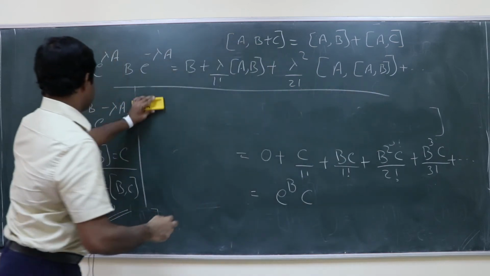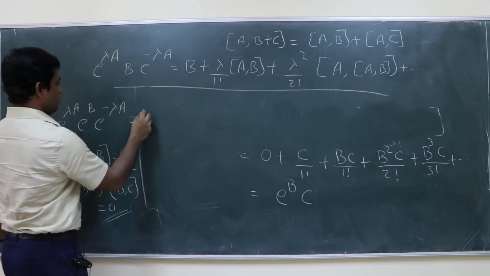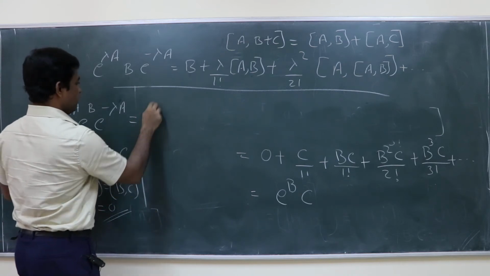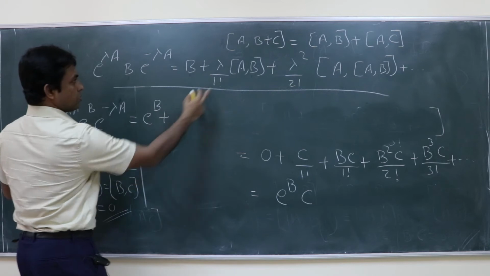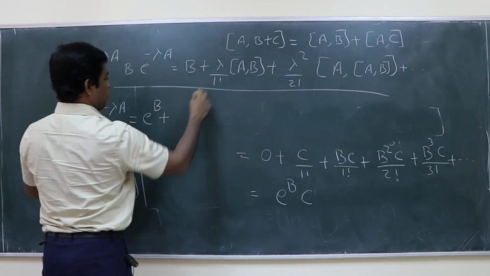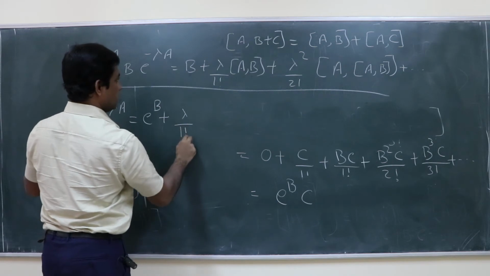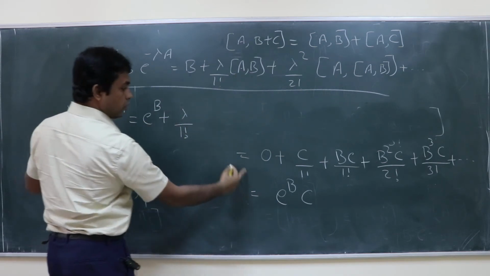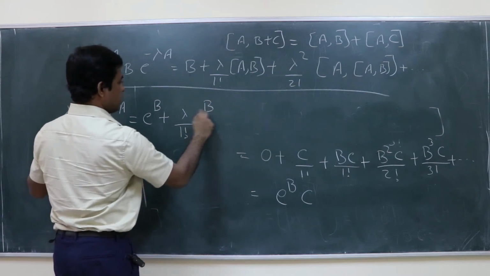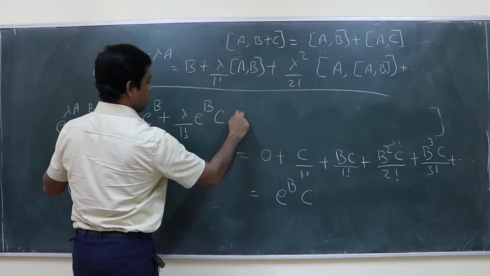We are doing this. So this is equal to, the first term is b e power b, plus, applying this formula, lambda by 1 factorial, the commutator of a with e power b, that is what we have found now. So that is e power b c plus.